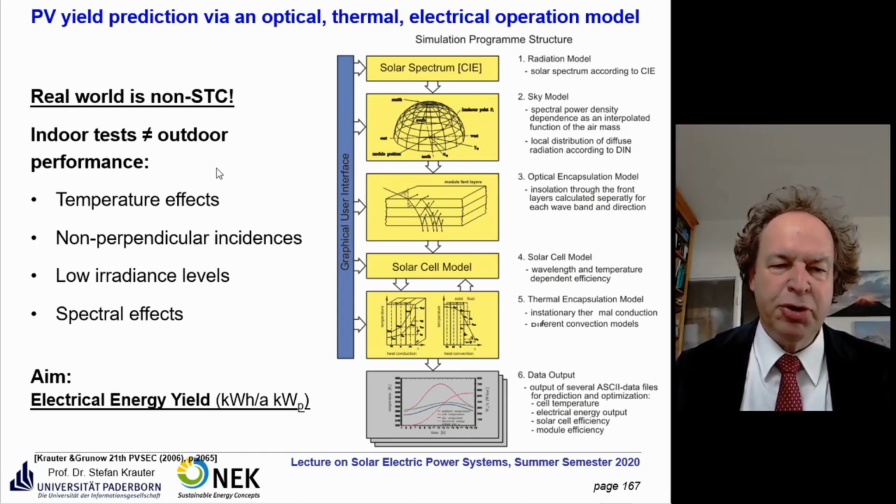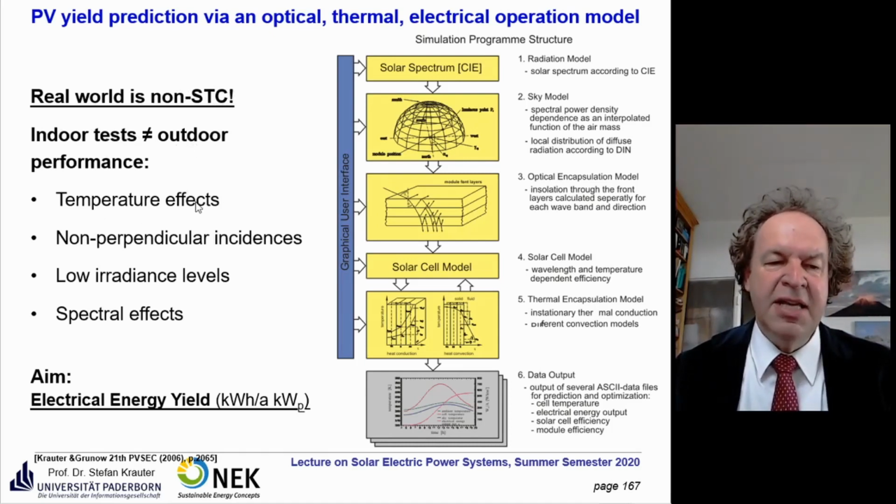For the yield prediction, you cannot rely only on standard test condition parameters, because the indoor tests used for the standard test conditions do not represent the outdoor performance. As I mentioned already, there are temperature effects. There are effects due to reflection, that means non-perpendicular incidence, and the efficiency goes down at low irradiance levels.